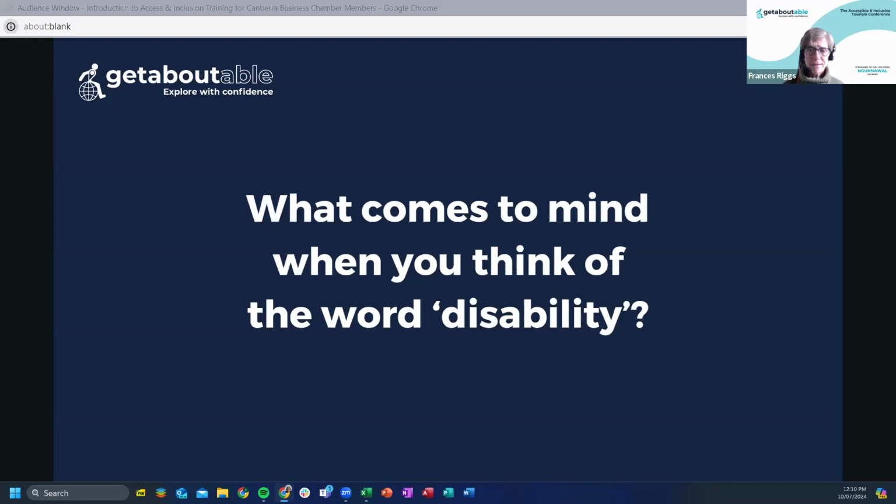Often when the community is asked this question, the answer is frequently someone in a wheelchair. As you were saying there before, Melinda, that's often what comes top of mind, or someone with a guide dog. These images pop up because they are easily visible and often what's portrayed in the media.